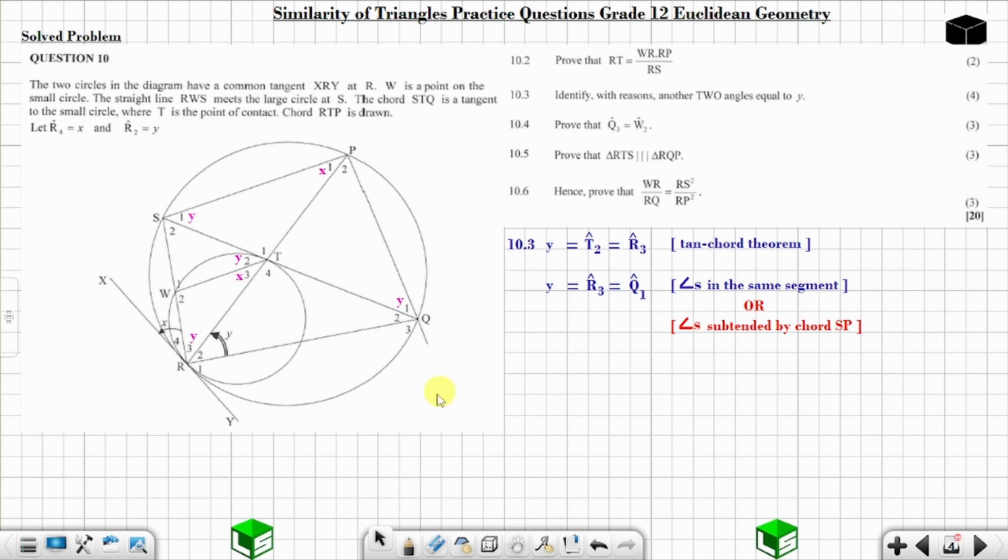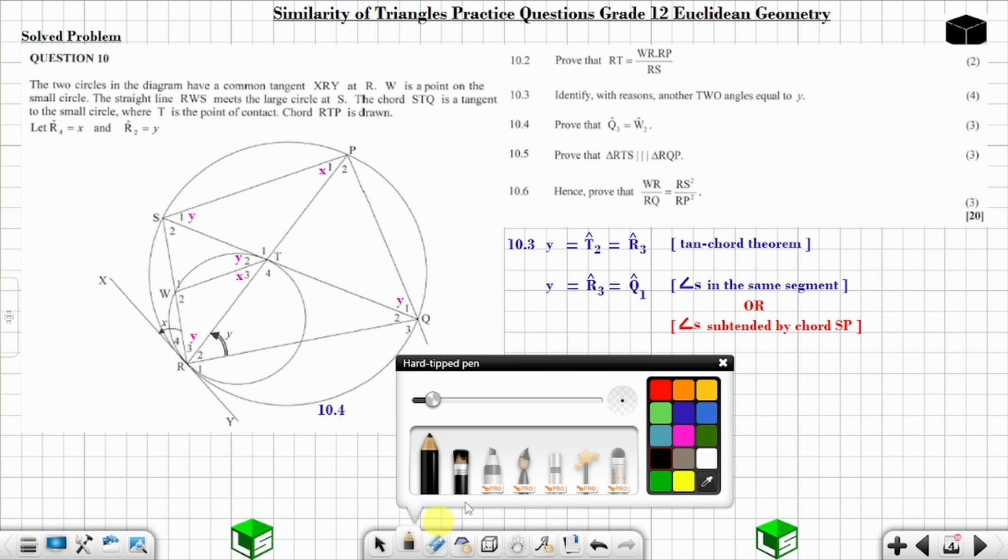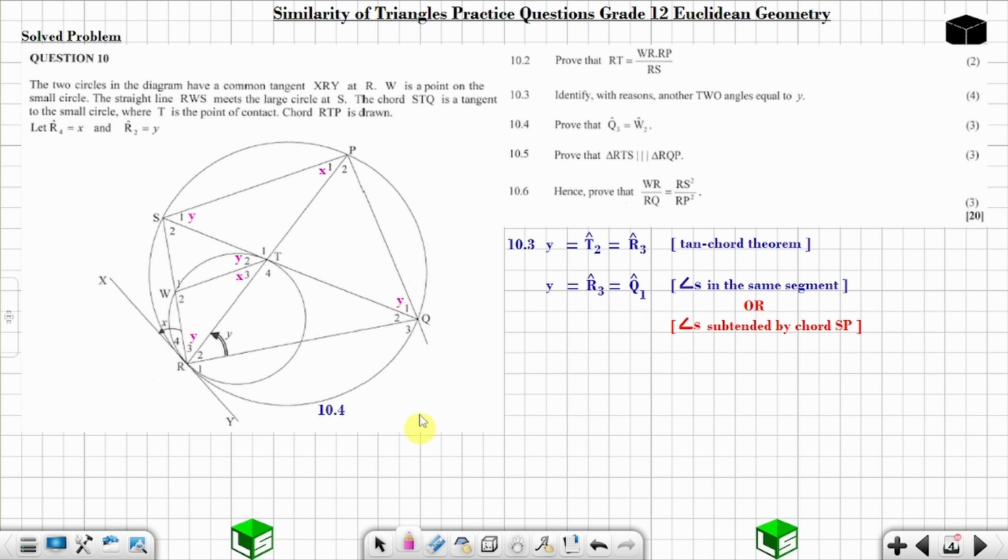Now question 10.4, prove that the angle Q3 is equal to the angle W2. Let me show you. Prove that this angle is equal to this angle, okay. Q3 and W2. Prove that the two angles are equal, okay.